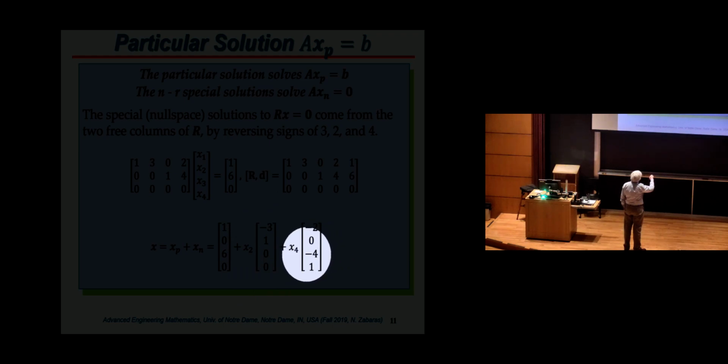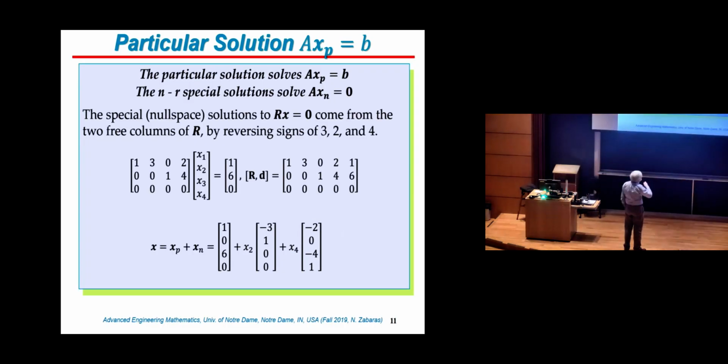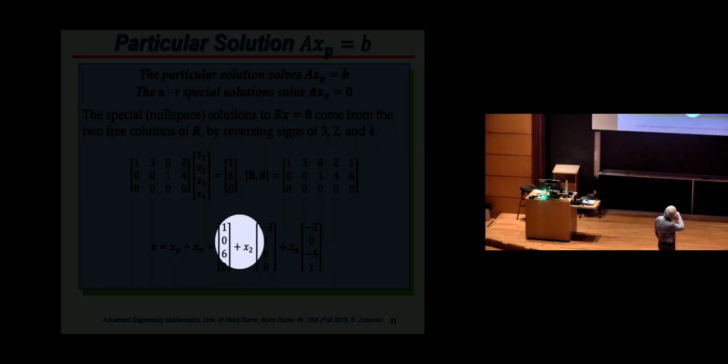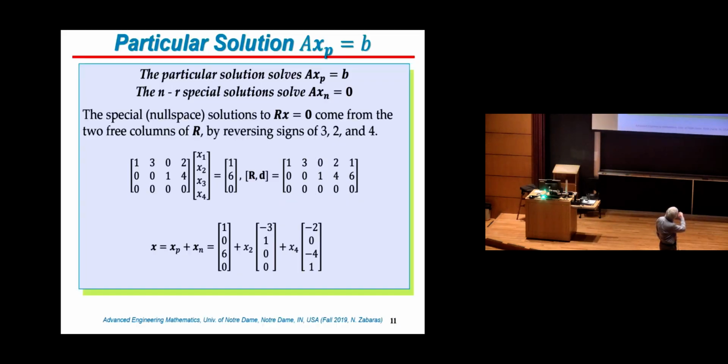And this vector has x4 equal to 1 and x2 equal to 0. And here now is the great news. You don't really need to plug in the values of x2 and x4 to this linear system of equations and solve for the pivot variables, because the answer is directly embedded in that R matrix.